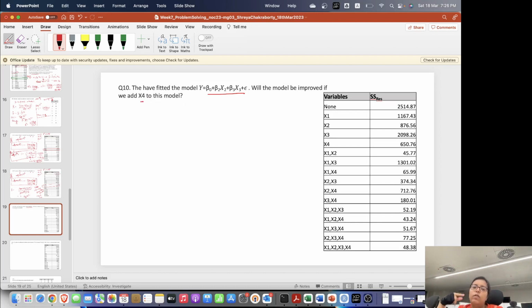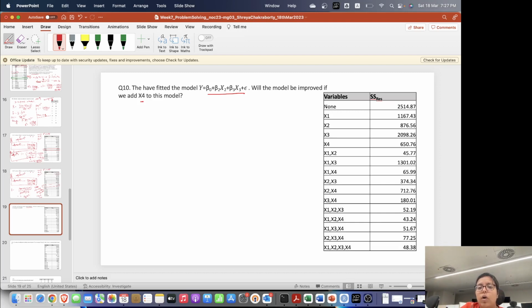We can do a formal test of whether my model is improved, or, as they are saying here, whether the model is improved. So we have to diagnose and find out if the model parameters, through some goodness of fit measure, are going to improve the model or not.